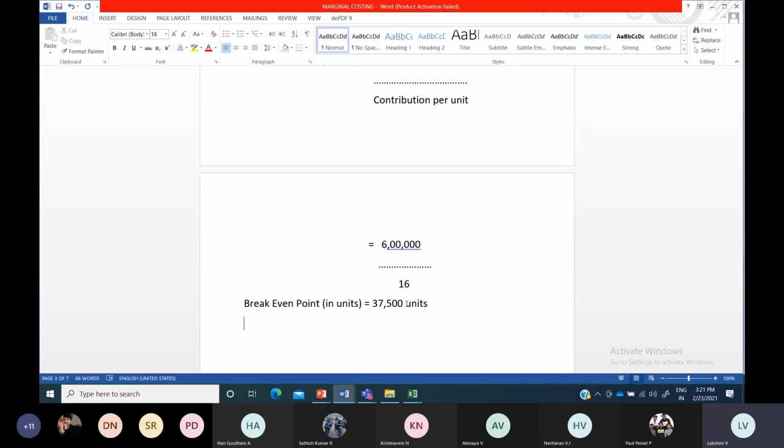Okay, so this is the break even point in units. So that is 37,500.